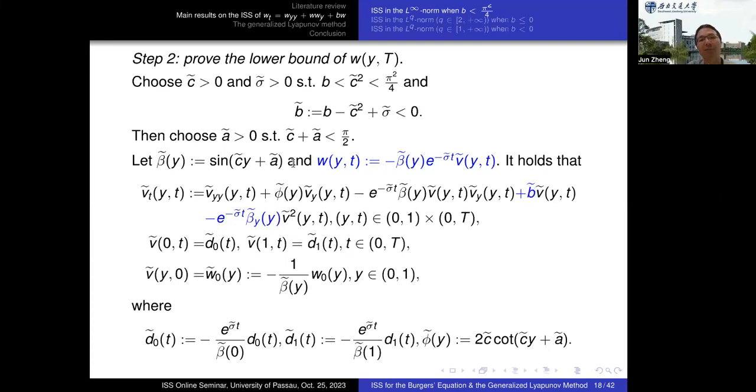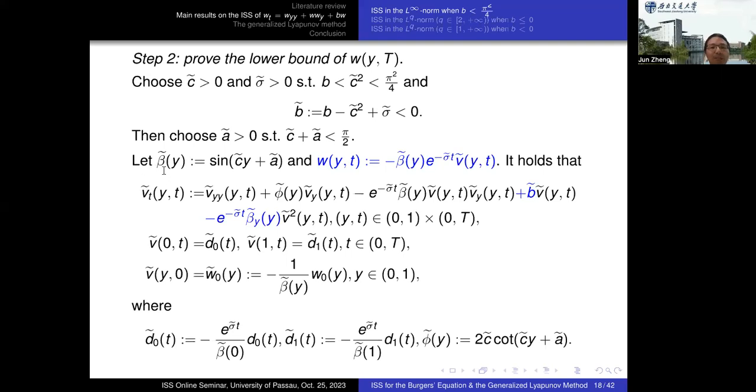In fact, this can be done easily. We can find some constant C tilde and sigma tilde such that the B tilde is strictly less than 0. Then we can find some A tilde such that the sum of C tilde and A tilde is strictly less than pi squared over 2.